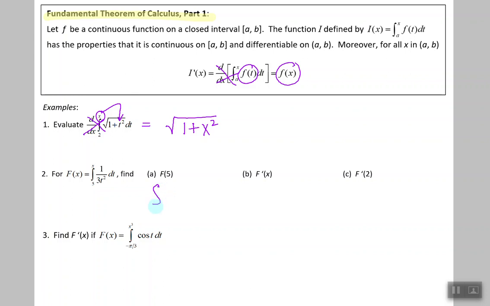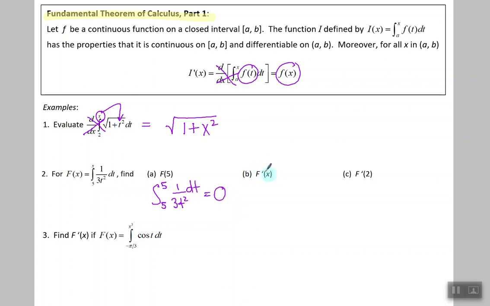So this is the integral from 5 to 5 instead of 5 to x of 1 over 3t squared dt. But of course, because this is an integral from 5 to 5, it is going nowhere and creating 0 net area.